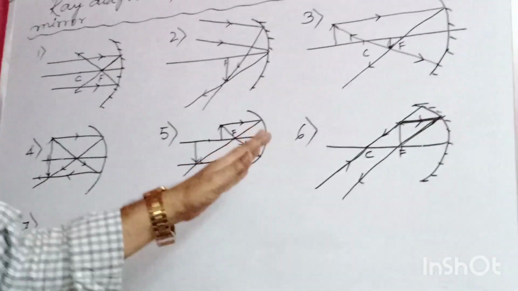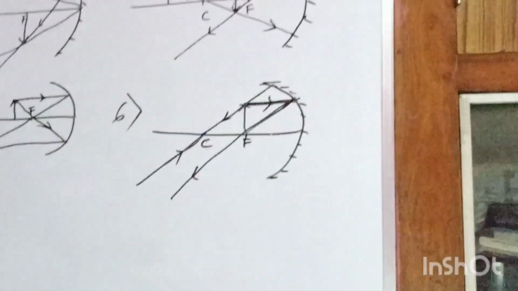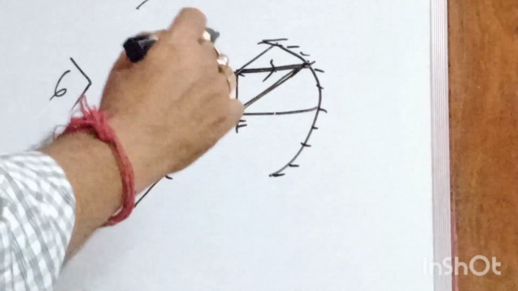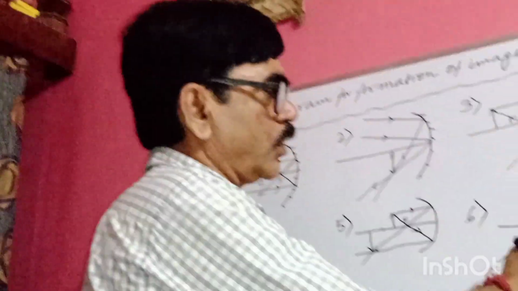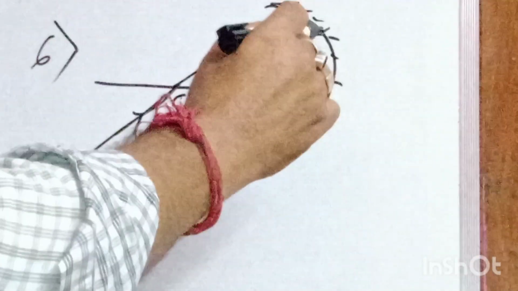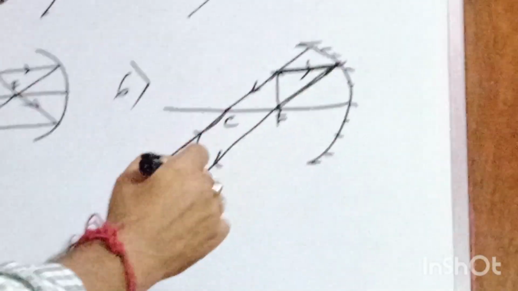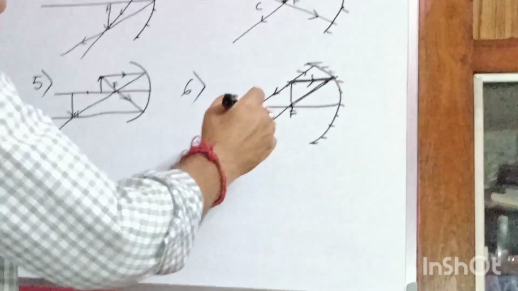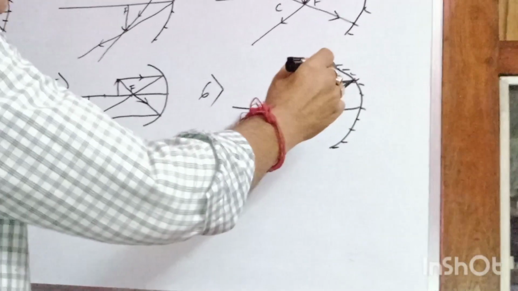Now we are coming to the sixth diagram. In that case, the object is at focus. This is the object, and here is the focus. In the same way, we take a parallel ray which passes through the focus, and we take another ray from the center of curvature.